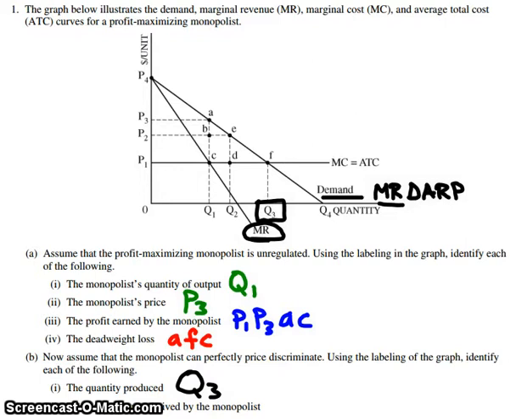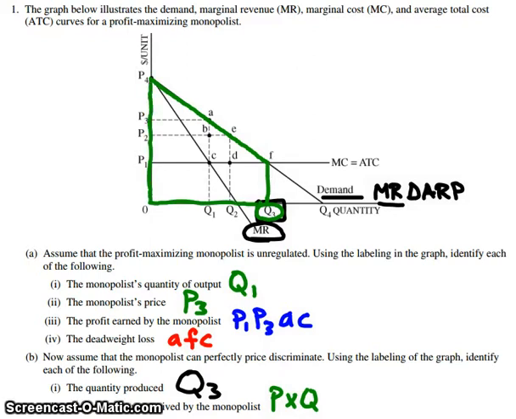The last part of this was to show the total revenue received by the monopolist. That total revenue, remember, is always price times quantity, and the quantity now that they're producing is Q3, and the price that they receive is distinct for each one of the various consumers that make up the demand curve for any of the quantities up to Q3.